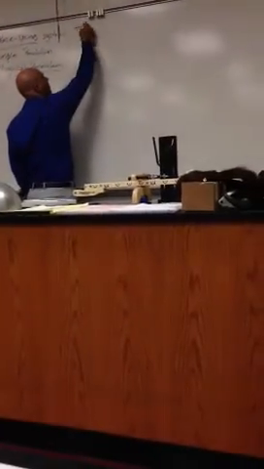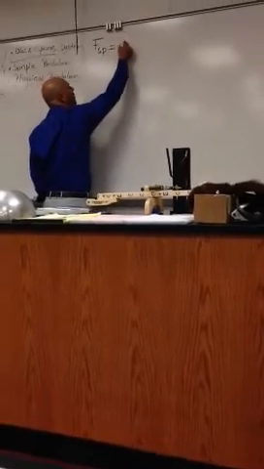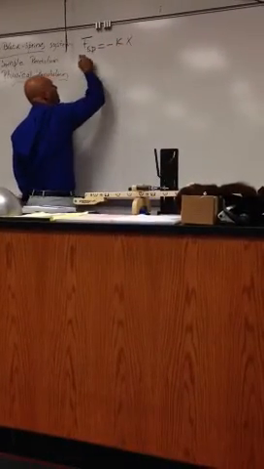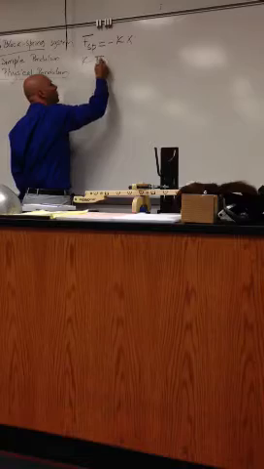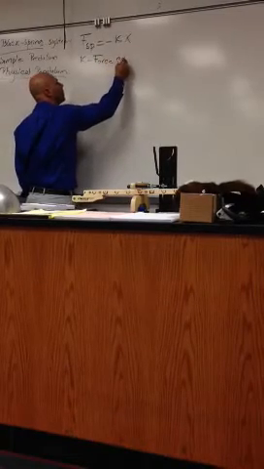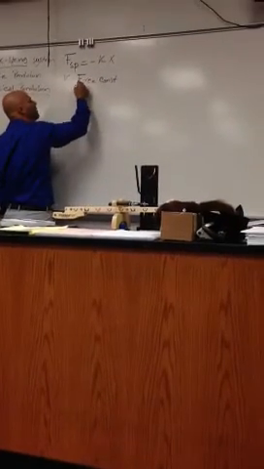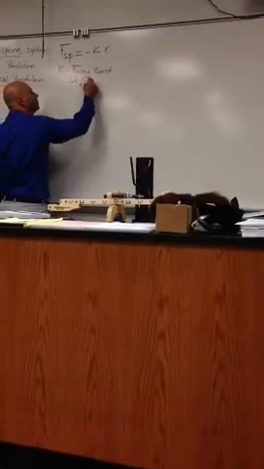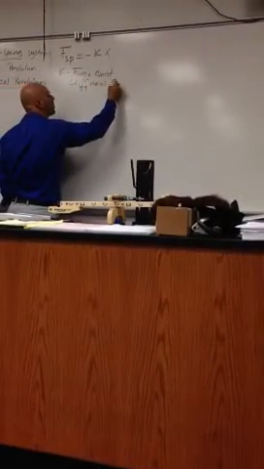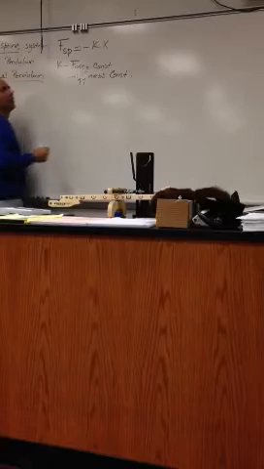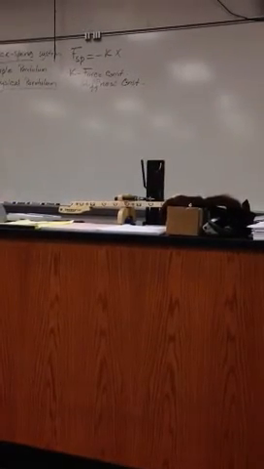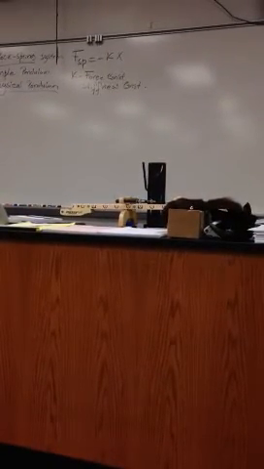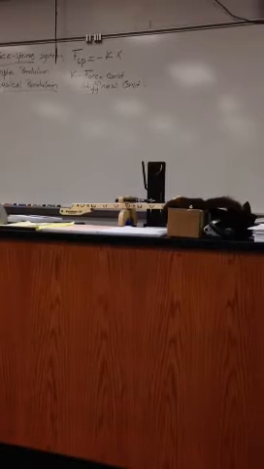Again, the force done by the spring, as I said, is equal to negative kx, where k is the force constant or stiffness constant. It tells you how strong the spring is. So k is based on the material of the spring.